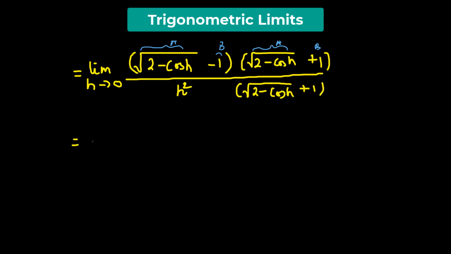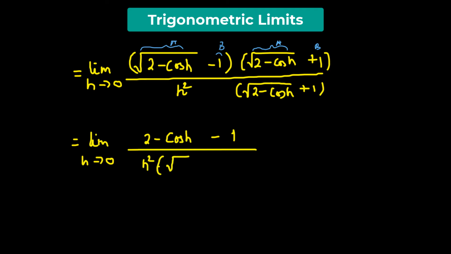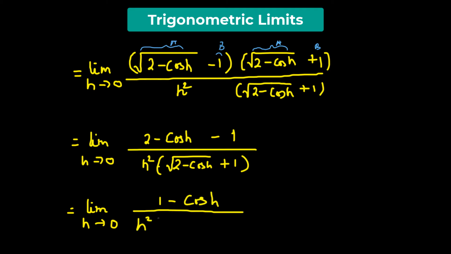So we have limit h approaching 0, square root of 2 minus cosine of h whole squared, so that would give us 2 minus cosine of h minus 1 squared, which is simply 1, divided by h squared times square root of 2 minus cosine of h plus 1, which is equal to limit h approaching 0 of 1 minus cosine of h divided by h squared times 1 plus square root of 2 minus cosine of h.